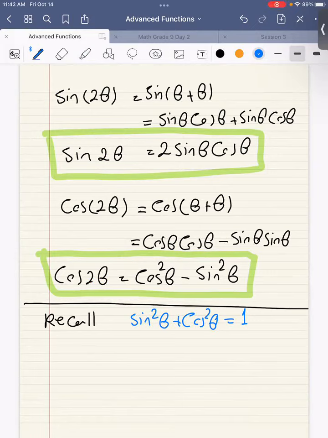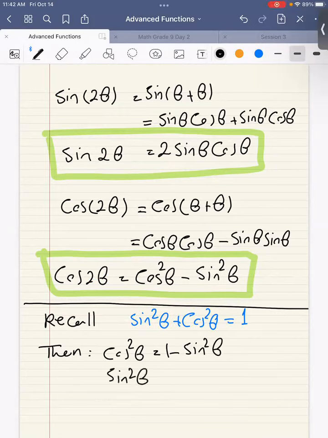So from this formula, you can say that cos square of theta is equal to 1 minus sine square of theta, or that sine square of theta is equal to 1 minus cos square of theta.